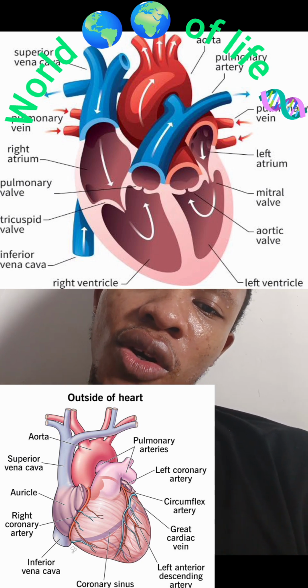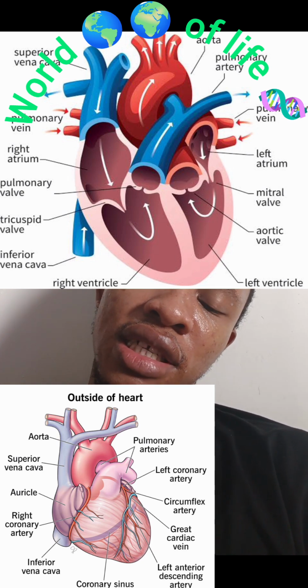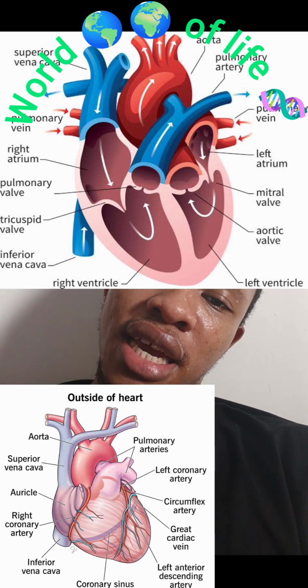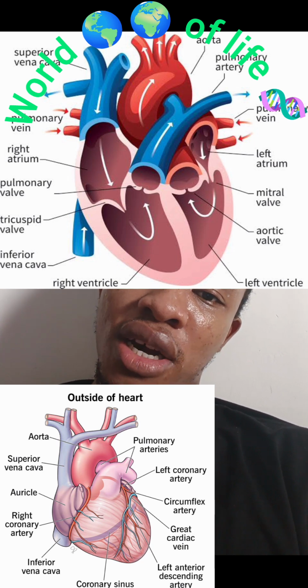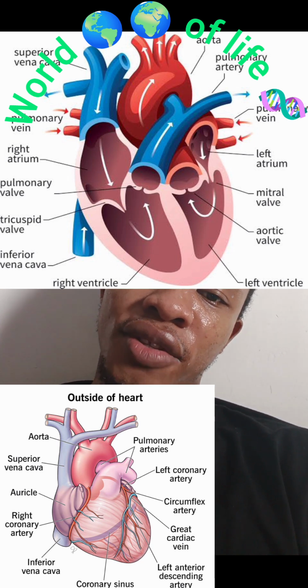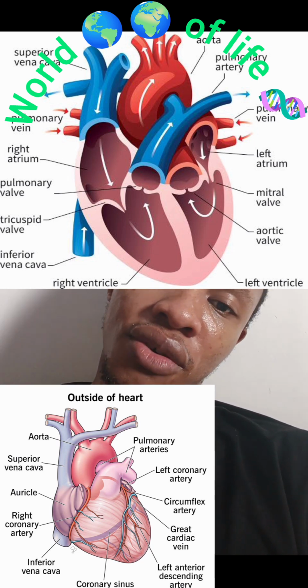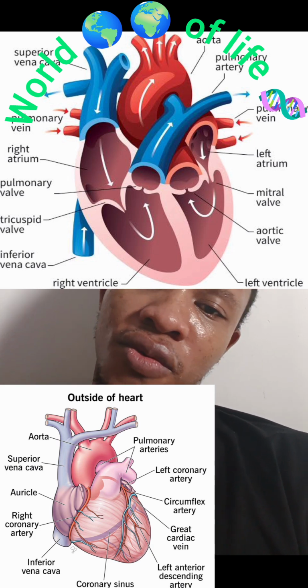The blood enters into the heart from the right part of the heart, which has the right auricle and also the right ventricle.